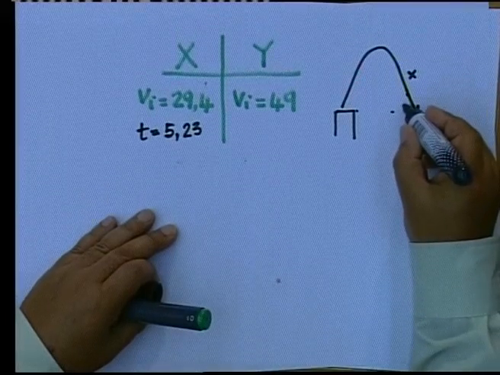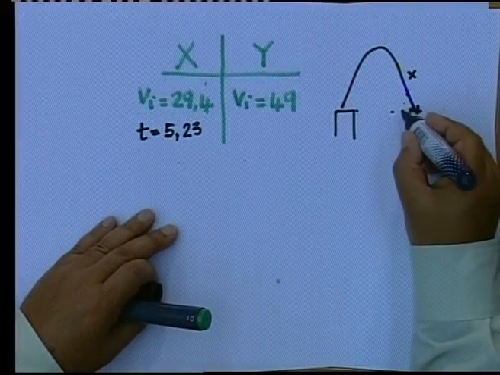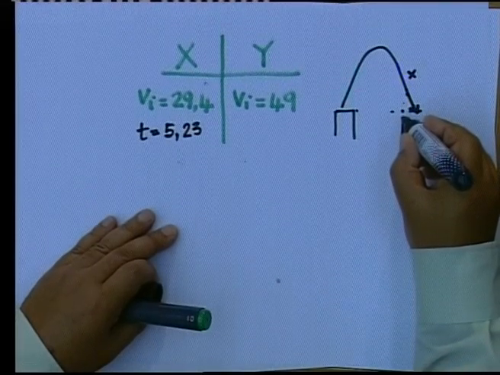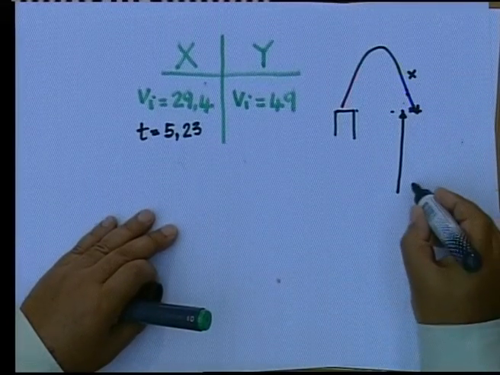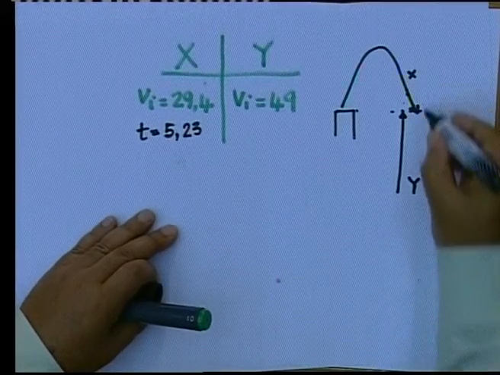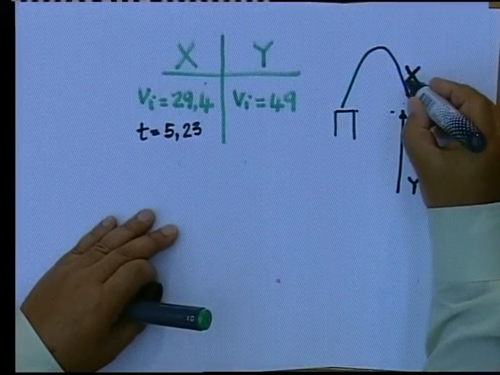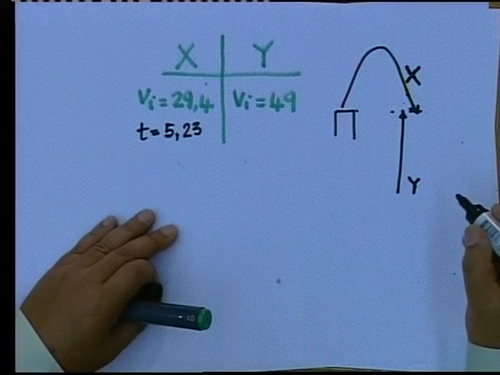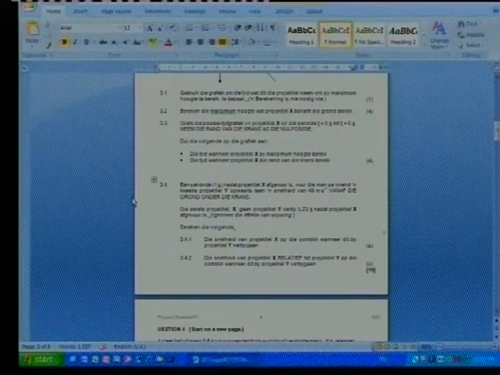So at some stage, while this one was there, projectile y was fired up. So this is projectile y, that is x, just make it slightly bigger.